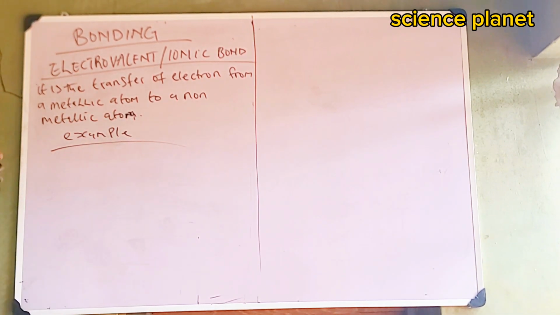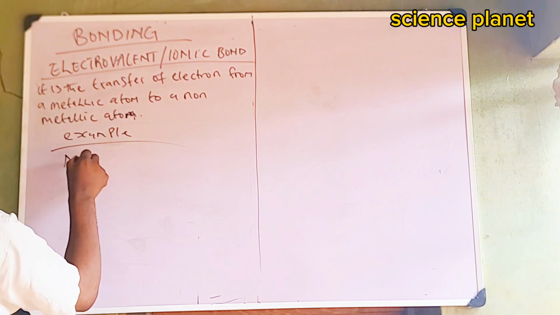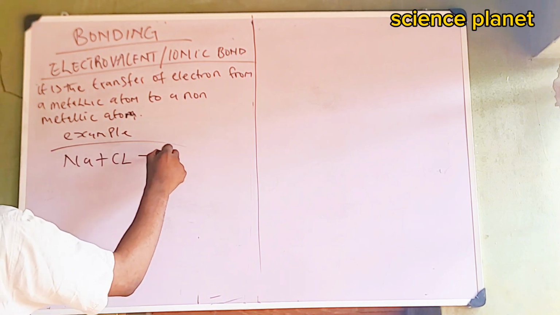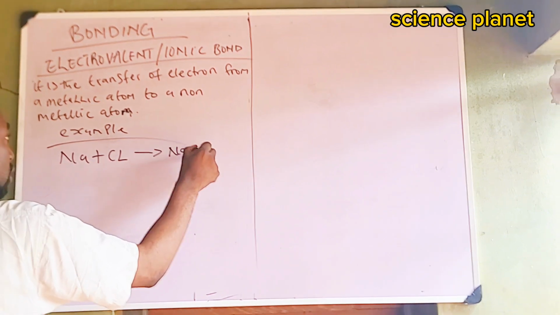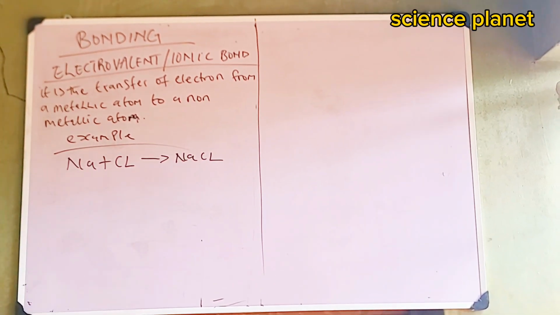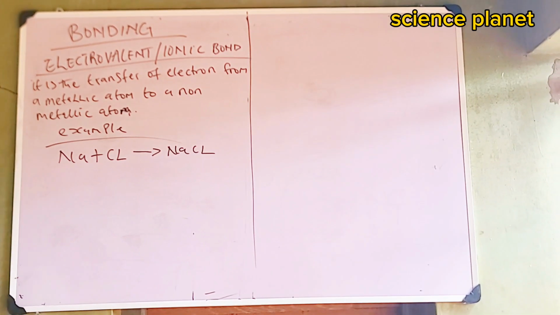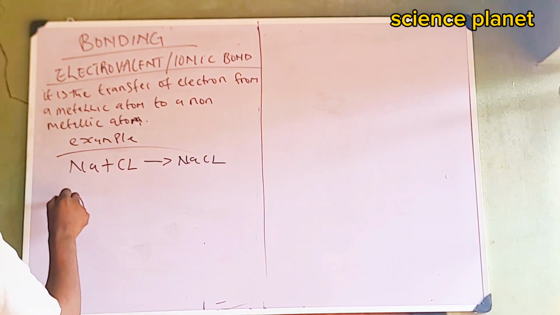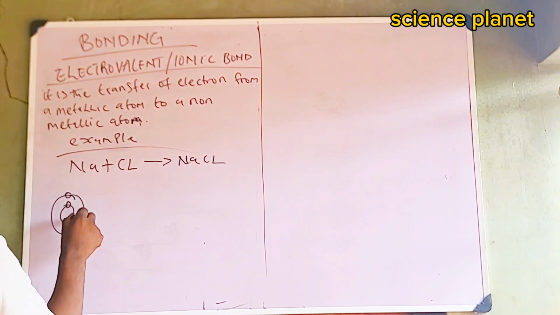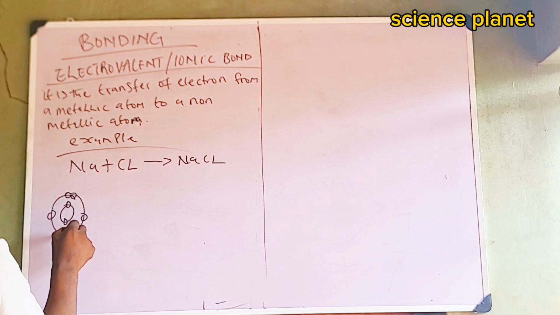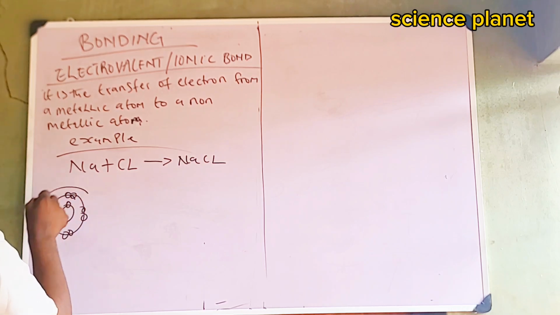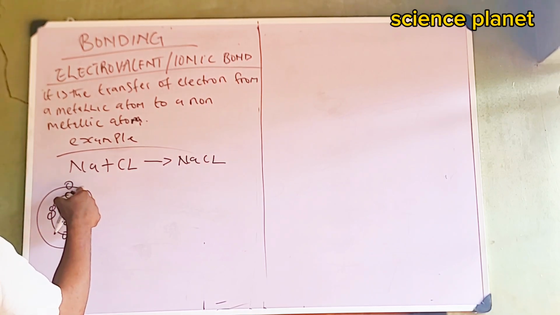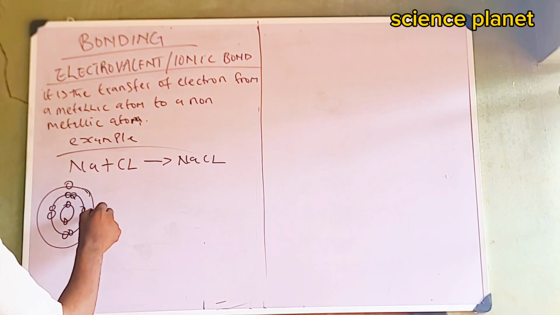We have a situation of sodium coming with chlorine to give us sodium chloride. How does this occur? Let's draw a shell of our sodium. This is sodium, with one valence electron, plus our chlorine.